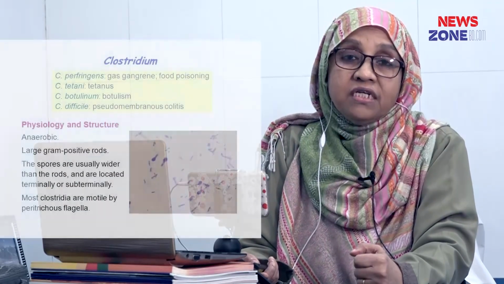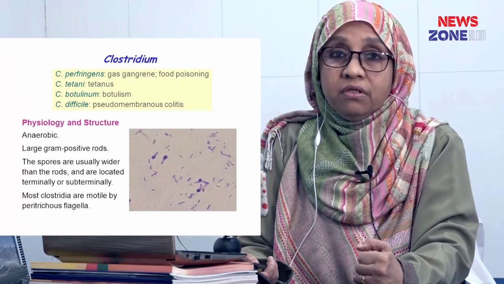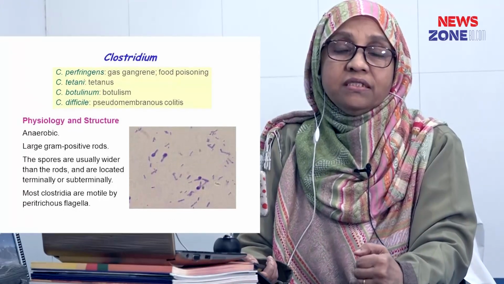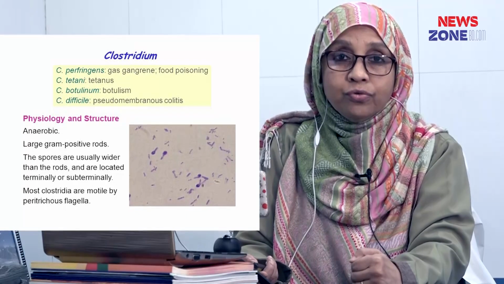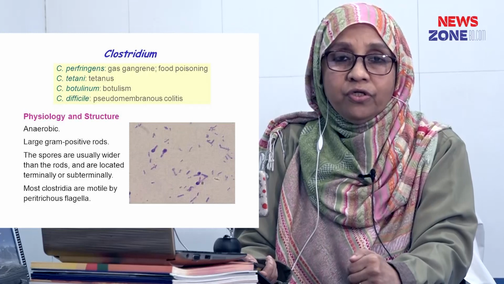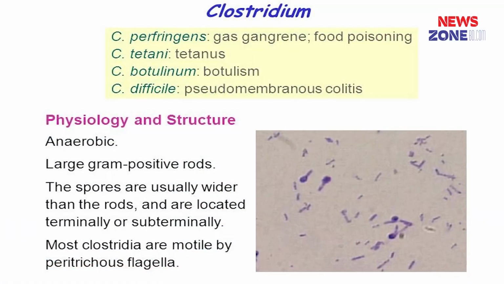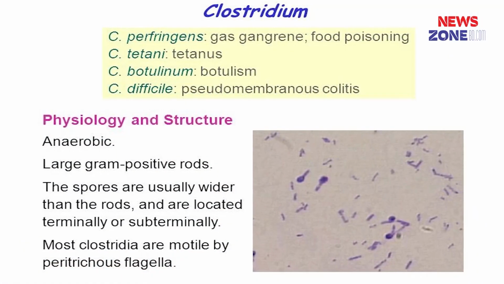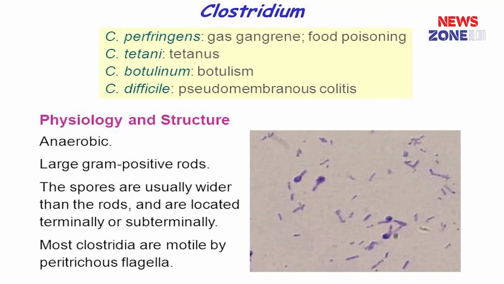So these all together can cause gas gangrene, which is usually a very severe, rapidly progressing case, and the patient may have to have part of the body removed. So it is important to identify the organism at the very onset of the disease. Otherwise, you are of no help to the patient. Also another species, Clostridium difficile, causes pseudomembranous colitis.